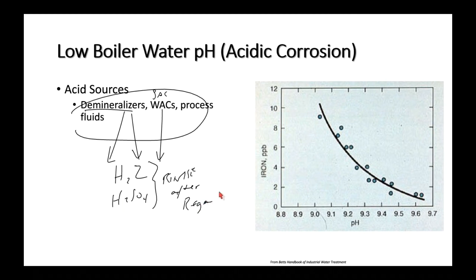If we don't rinse it down well enough, we will have problems. Sorry for the mess. We have to make sure it's rinsed down properly after the regen so no acid leaks through.